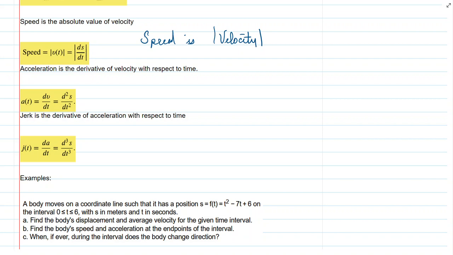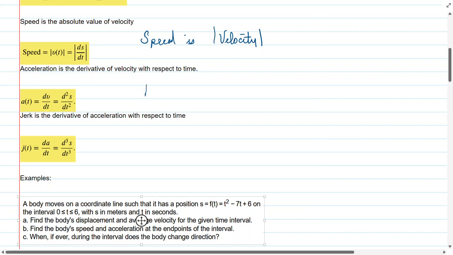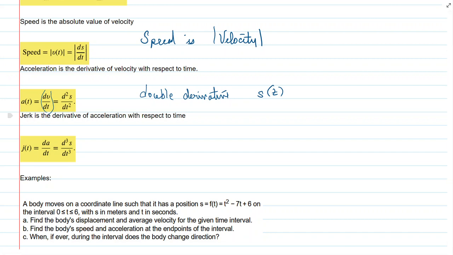All right. So acceleration is the double derivative of a moving function. And notice they put the derivative of velocity over time is acceleration, and that's a small a.